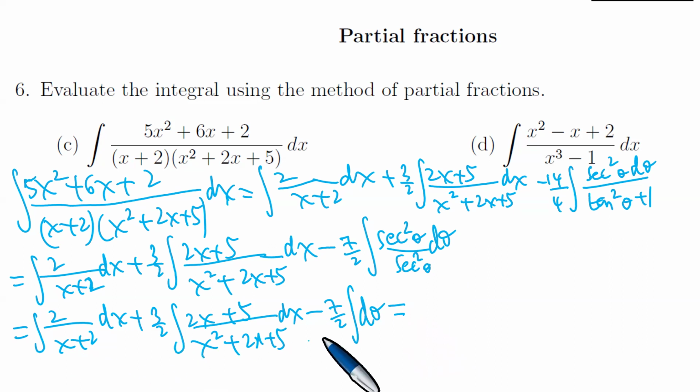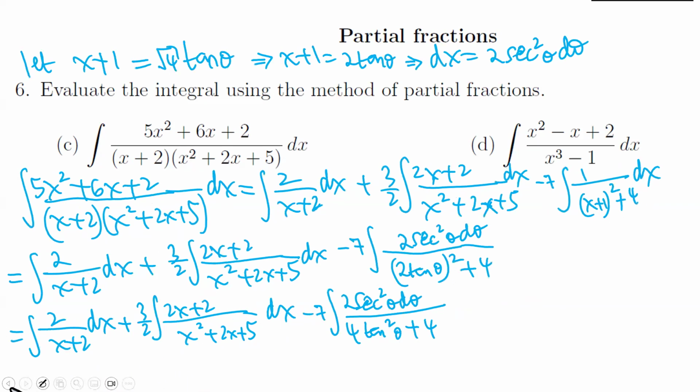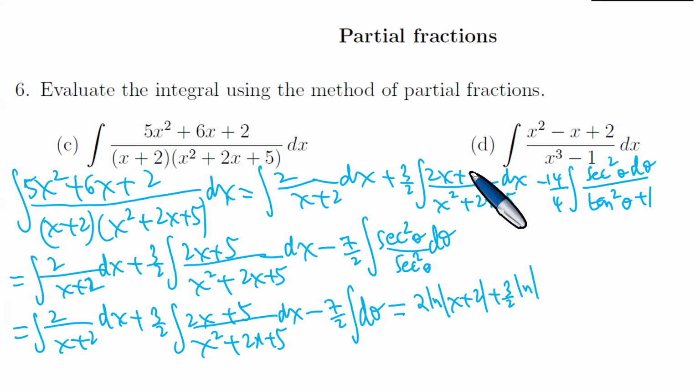Let us perform the integration all at once. This gives us 2 the ln of x plus 2, 3 over 2 the ln of x squared plus 2x plus 5, because if you find the derivative of this, it becomes 2x plus 2, if you let u be this.